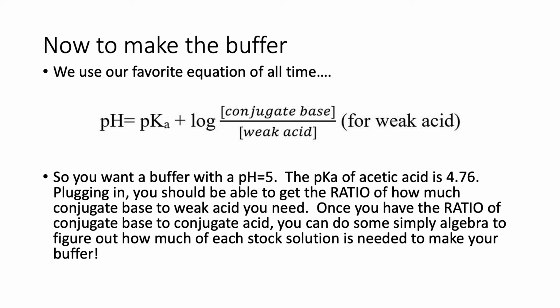You should be able to figure out this equation and get the ratio of how much conjugate base to weak acid you need. Okay, once you have that ratio and you know what your final volume of buffer should be, you can use some simple math in algebra to figure out how much of each one of those two stock solutions we made you need to add together to make your buffer.